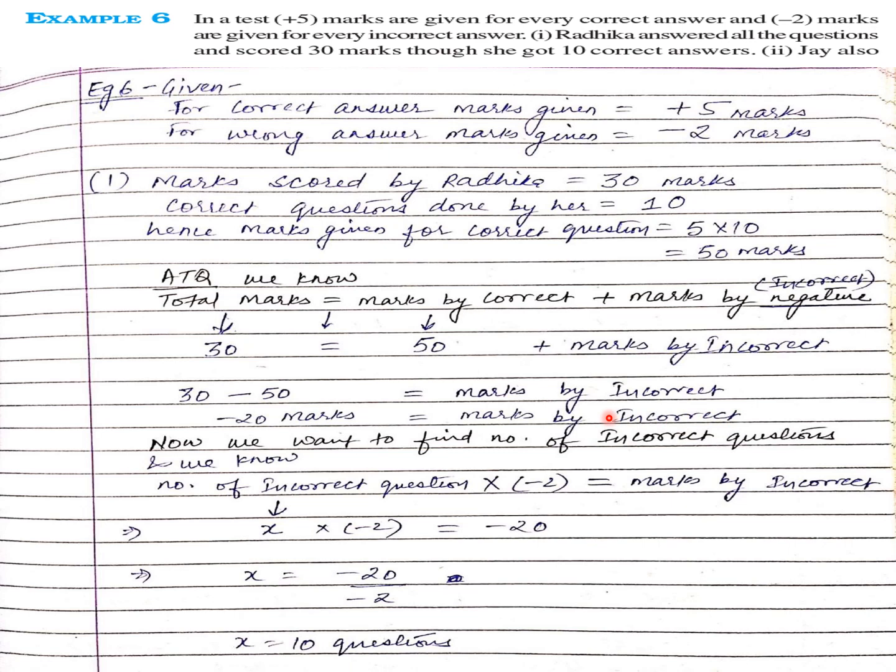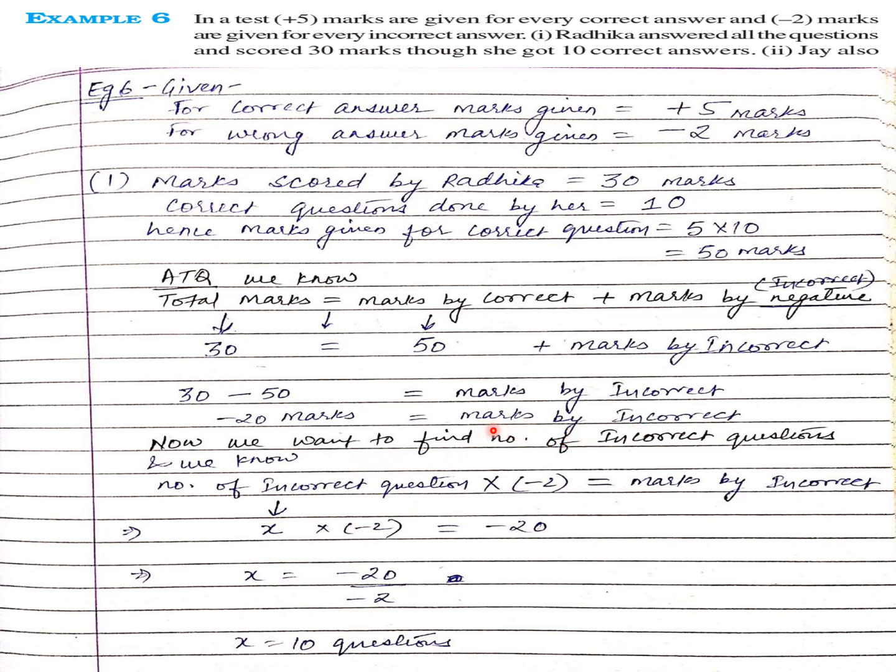Still, the question is not complete. The question wants us to find not only the marks by incorrect answers, but the number of incorrect questions done by her. As she has done 10 correct questions, the question is asking how many incorrect questions she has done. For that, this will help us.